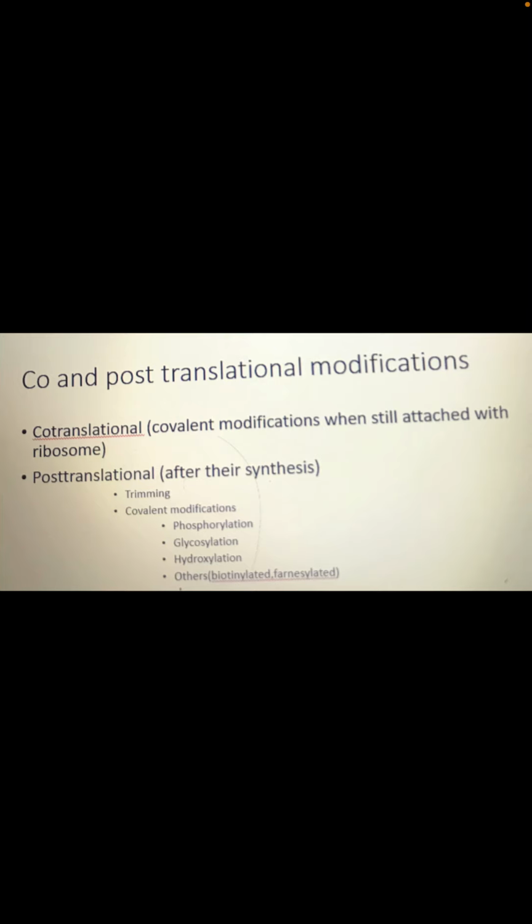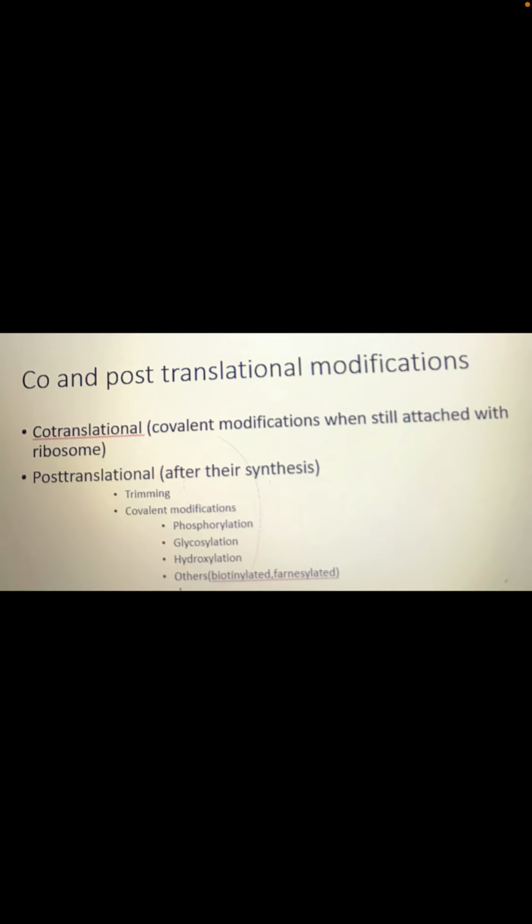After that, we observe many co- and post-translational modifications, which are basically important to define the destination of these proteins. So co-translational modifications are those modifications which are done on the proteins while still attached to the ribosome, when the machinery is not distorted and the newly formed polypeptide chain is attached with the ribosome.